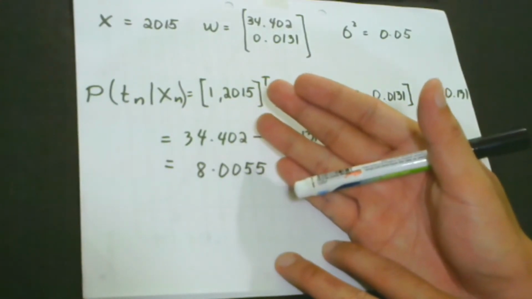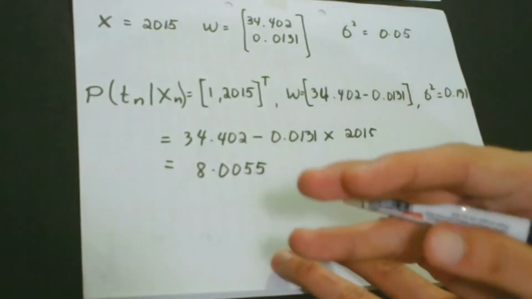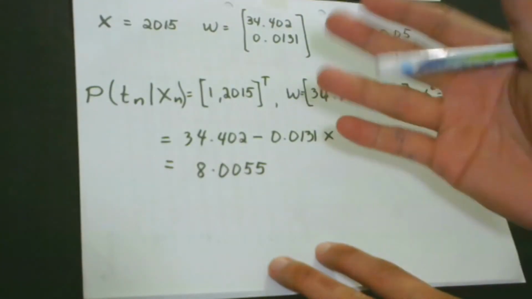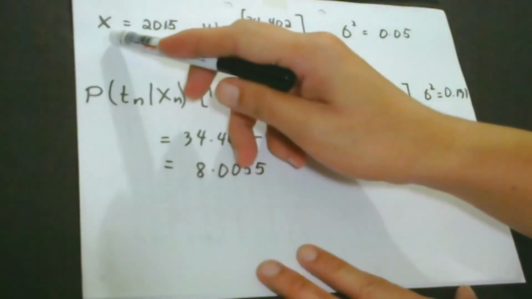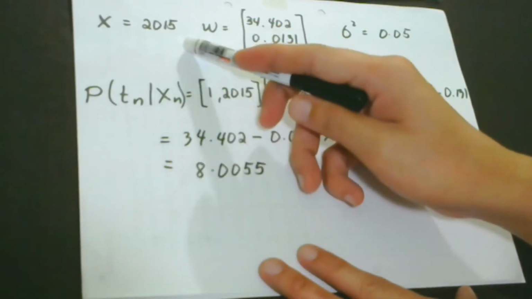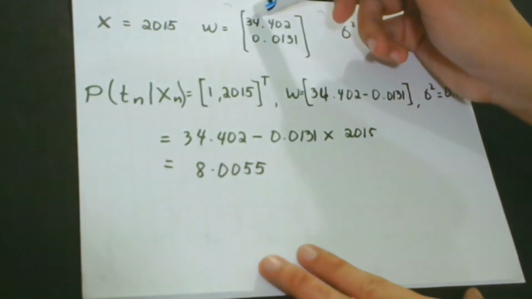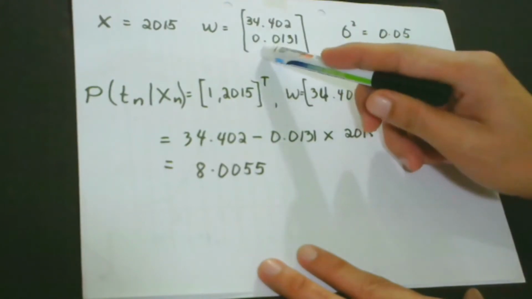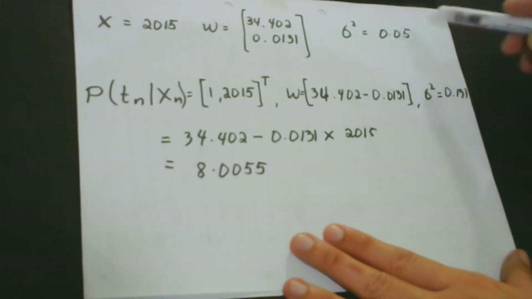We are going to consider the same line of thought in our examples ever since we started with the modeling. So our x is 2015, and our w here, this is w0, this is w1, then this is our standard deviation, 0.05.